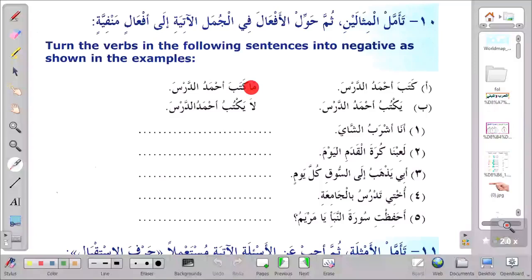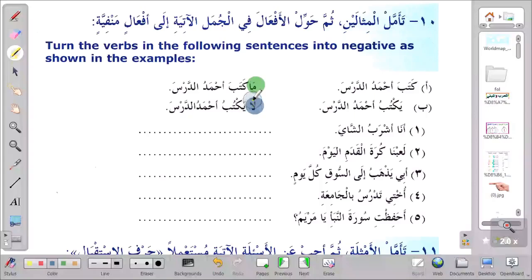The first one you can see they use ma. But when it got to the second one, they didn't use ma, but they used what? La. So what they are trying to teach us here is that when we are negating a verb which is madi, a past tense verb, we use ma. And when we are negating a present tense verb, we use la. I hope that is clear.